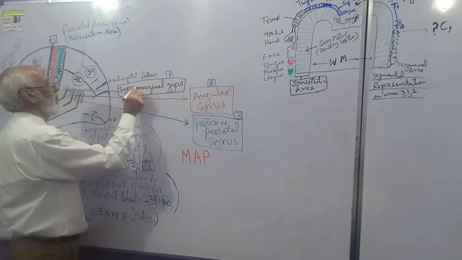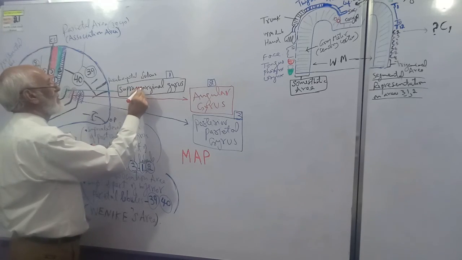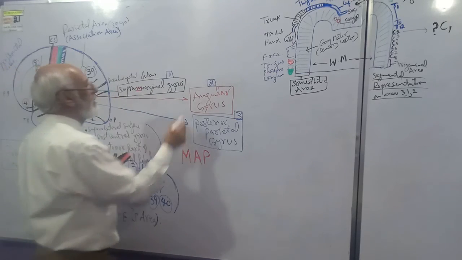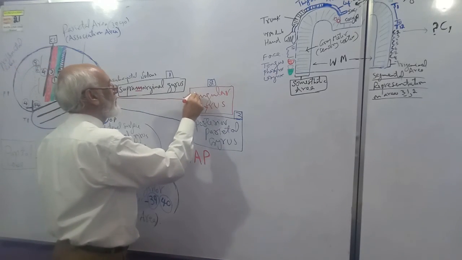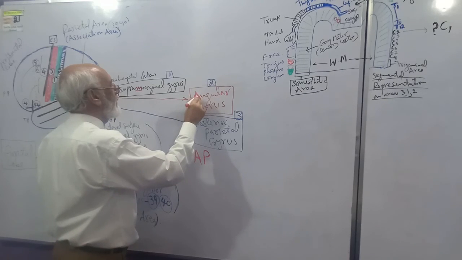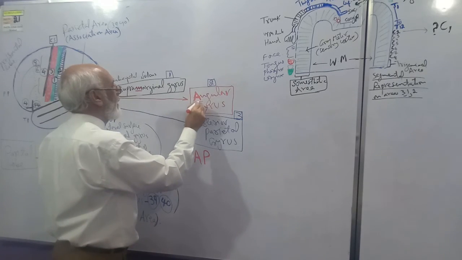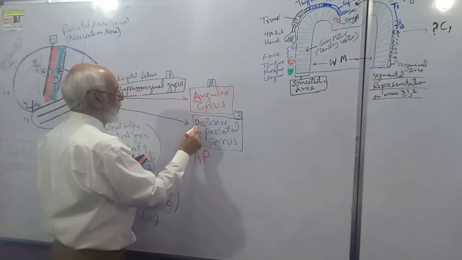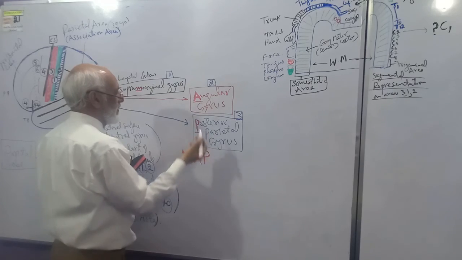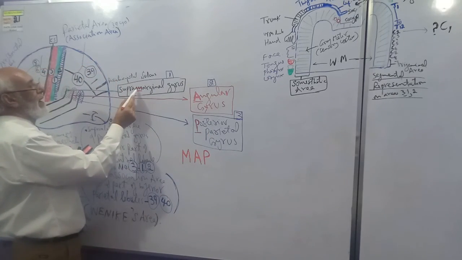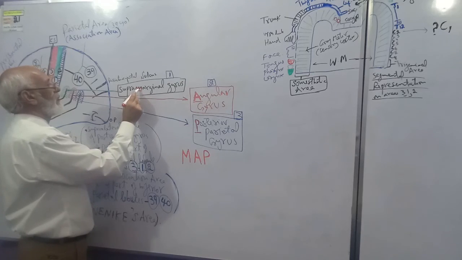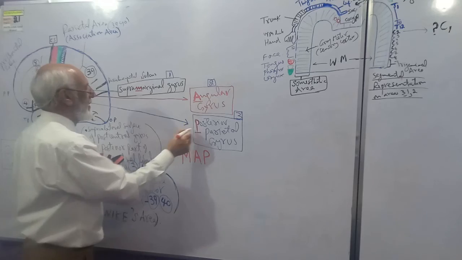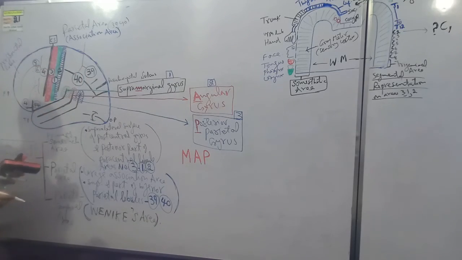The complete name is supramarginal, but M stands for marginal, meaning supramarginal gyrus. A, angular gyrus. And P, posterior parietal. So M-A-P: supramarginal gyrus, angular gyrus, and posterior parietal gyrus, from before backward.